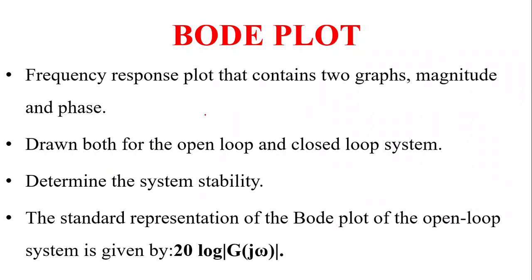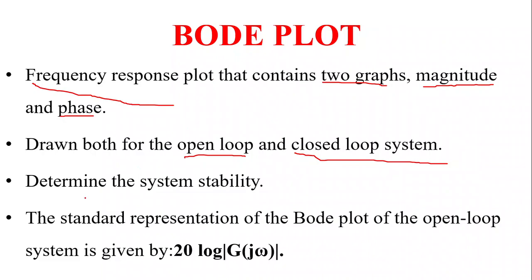Bode plot. Generally, a Bode plot is a frequency response plot that contains two graphs. One is the magnitude plot and the other one is the phase plot. A Bode plot can be drawn for both open loop systems as well as closed loop systems. But it is generally drawn for the open loop system because it conveniently determines the stability and other related parameters also.